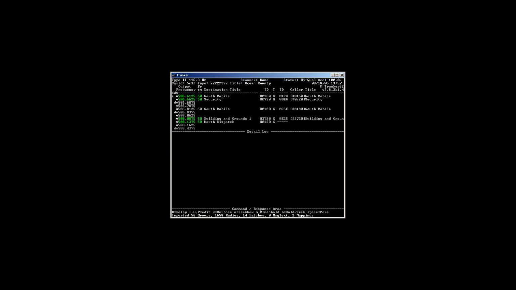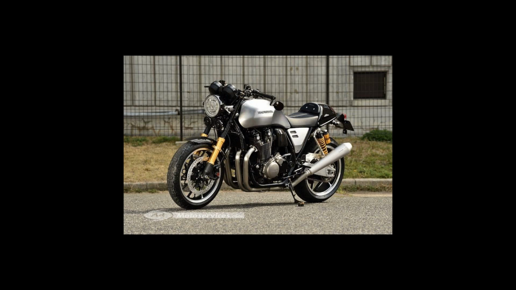SmartNet systems also added a scanning feature called Priority Monitor, which permitted priority scanning of talkgroups. The subscriber radio has the choice of selecting 2 priority talkgroups, 1 high and 1 low priority, in addition to 8 non-priority talkgroups.